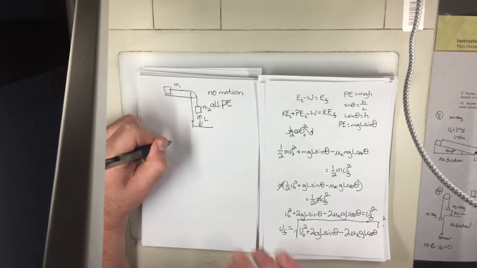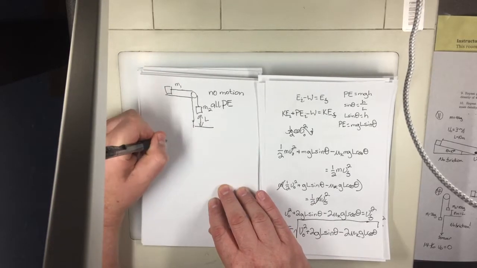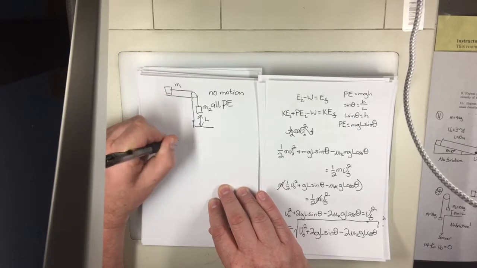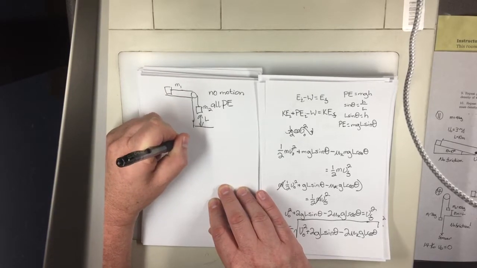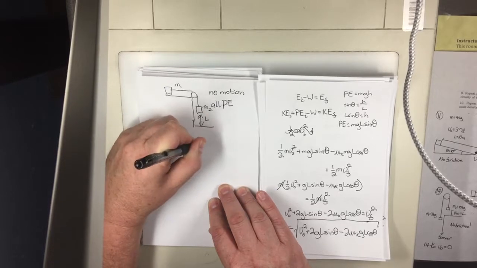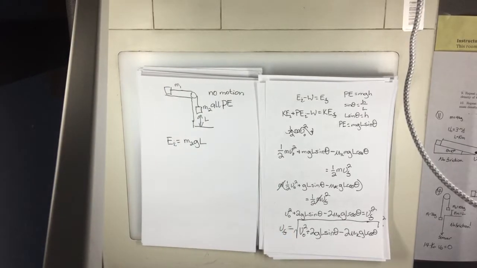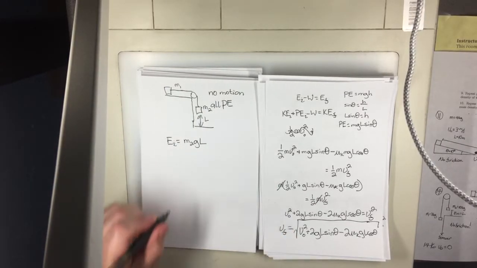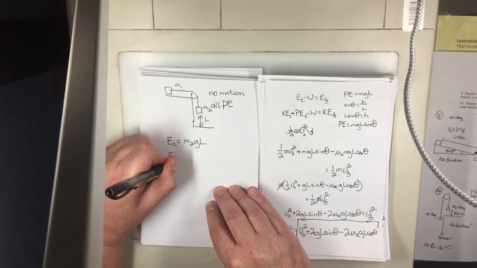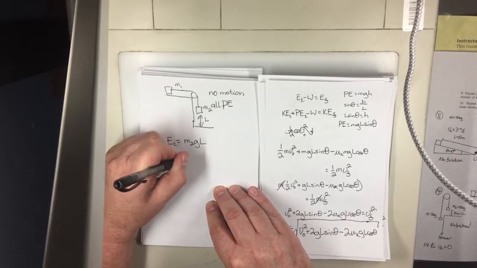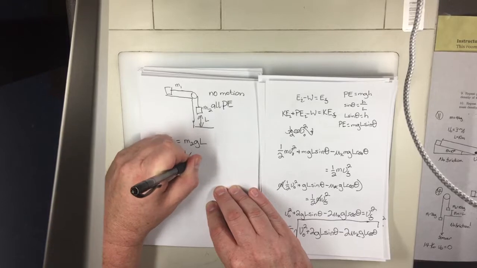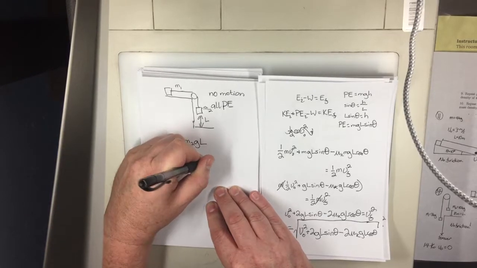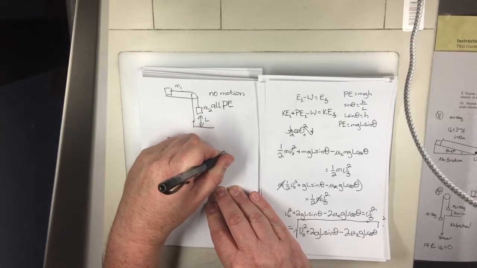So its initial energy is equal to M2gL. Its final energy is 1/2 (M1 plus M2) V squared.